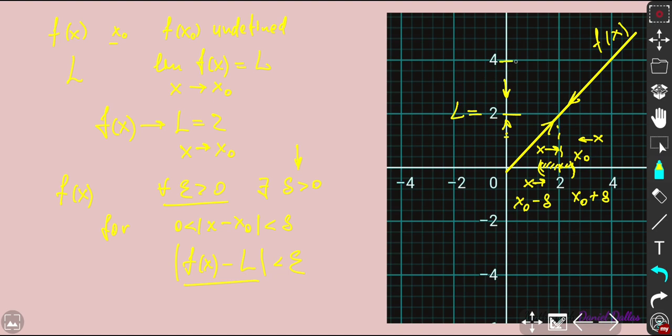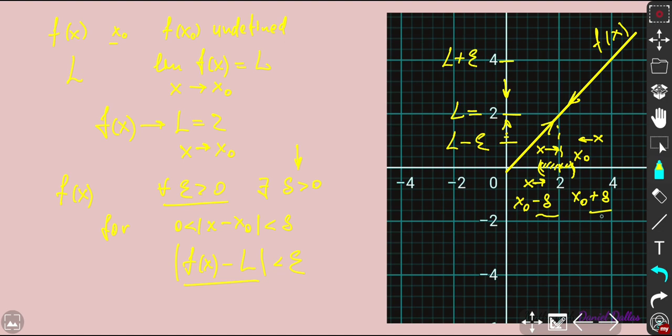In other words, we can make the function value be within the range L plus epsilon and L minus epsilon by adjusting our delta. Okay, so that's what is said by the formal definition.